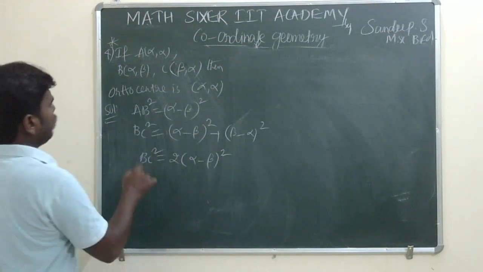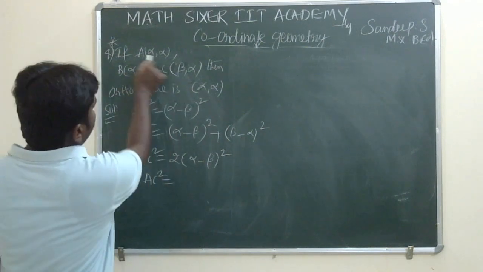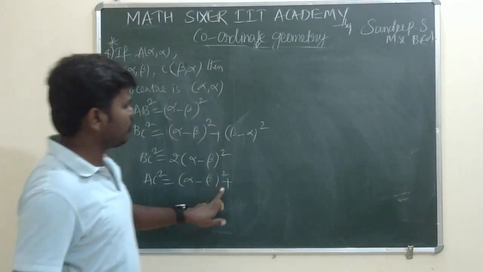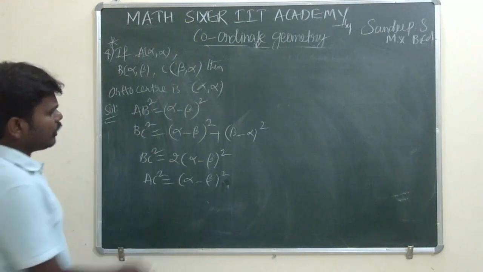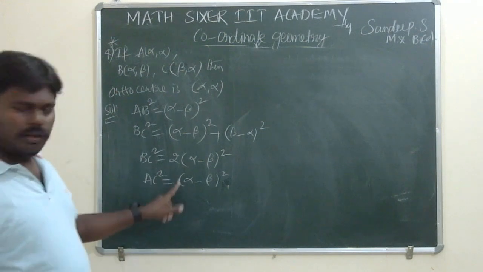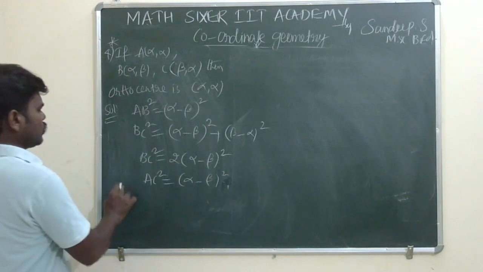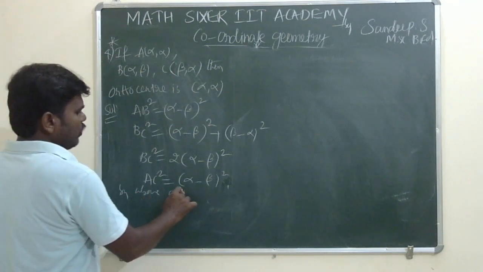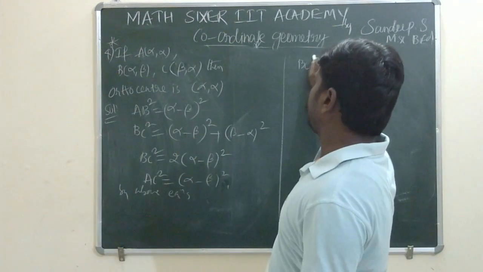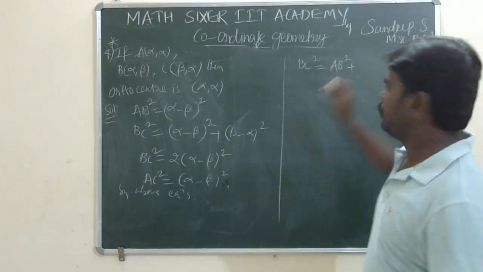Similarly, find AC squared. AC squared is (alpha minus beta) whole squared plus (alpha minus alpha), and alpha minus alpha is 0. So AB squared and AC squared are equal, and BC squared is 2 times (alpha minus beta) whole squared. By the above equations, BC squared equals AB squared plus AC squared.